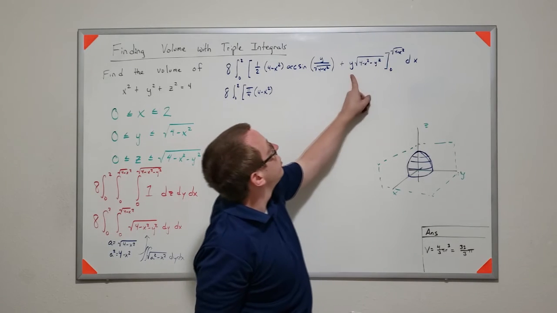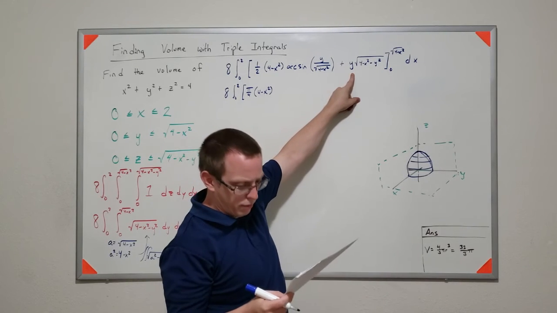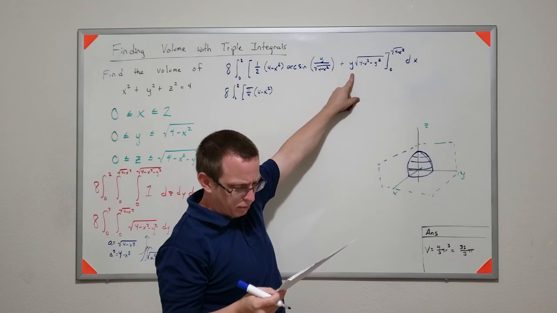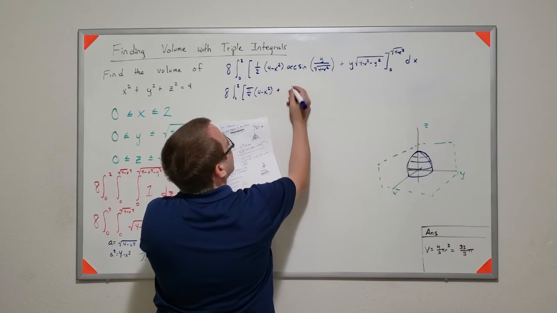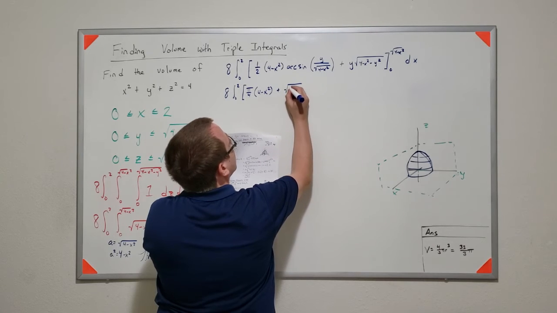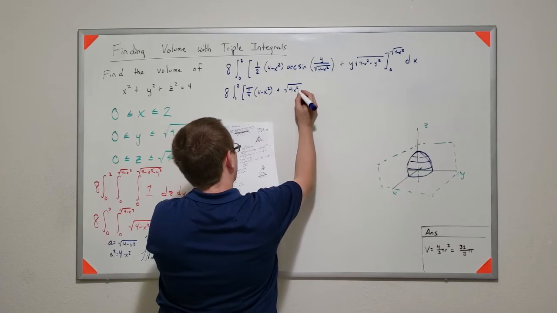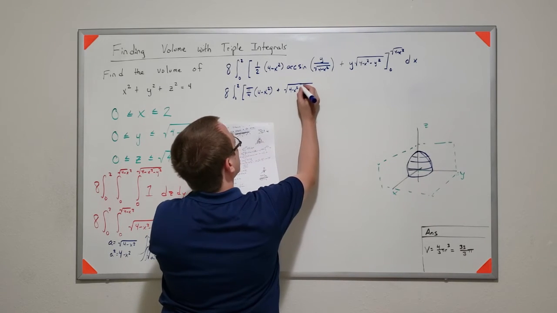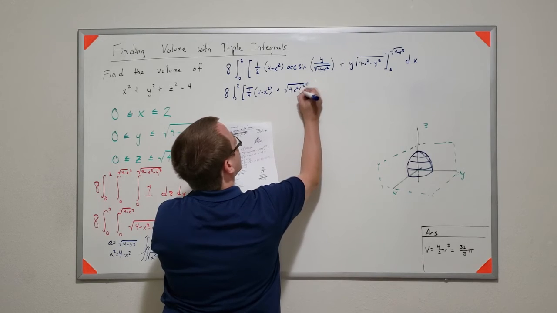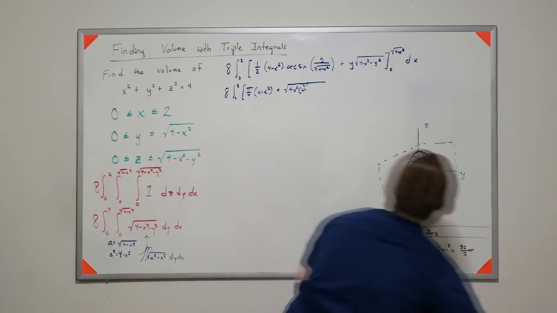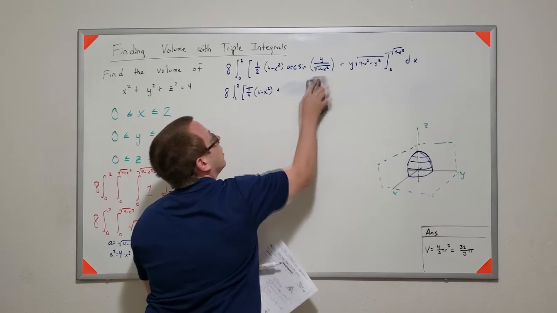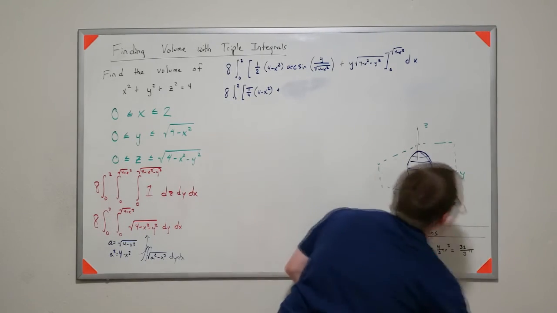Now, when this is 4 minus x squared, you have, sorry, I was overthinking this.